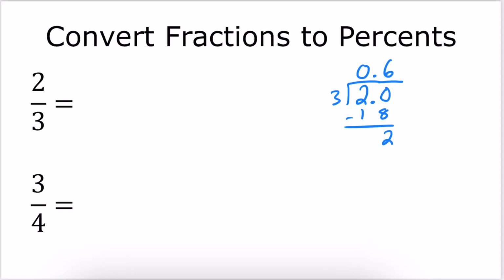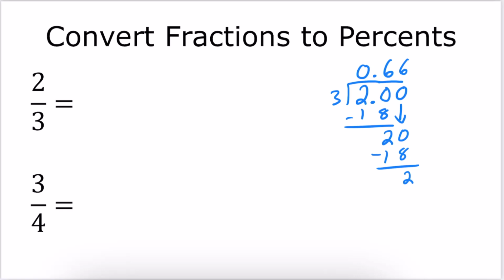And I can split each of those 2 tenths up into hundredths, so I can think about bringing a 0 down. If I have 20 hundredths divided into 3 groups, that will be 6 hundredths per group. That takes care of 18 of the hundredths, and you have 2 hundredths remaining. You can see that this long division process is going to continue repeating regardless of how many decimal places we add.